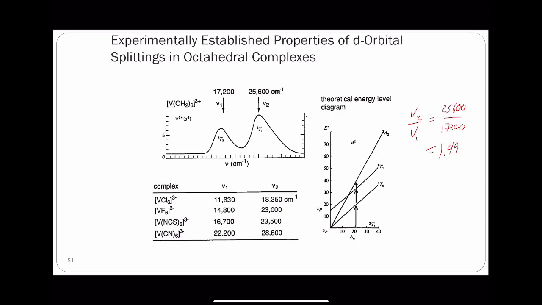We can then use a ruler to go across our Tanabe-Sugano diagram and evaluate at different positions what are the energies of our allowed transitions.